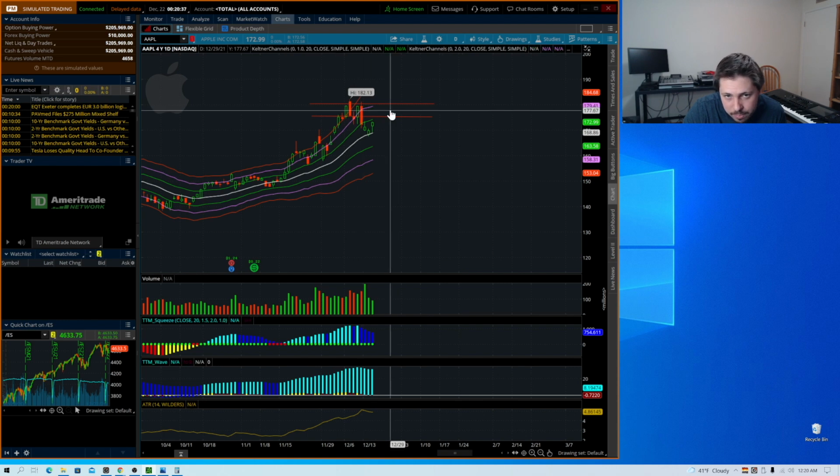So think about it. If it settles at 177, your long 175 put is out of the money, but your short put is in the money, and now you are long however many contracts of leverage you use.